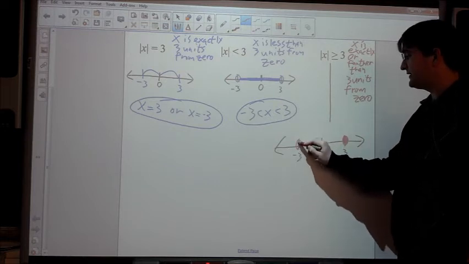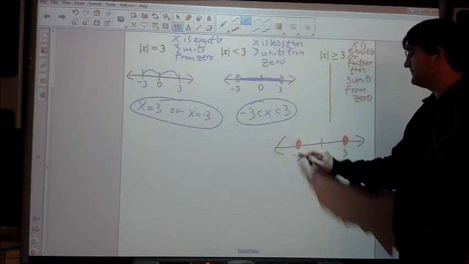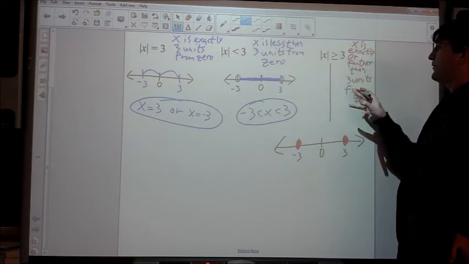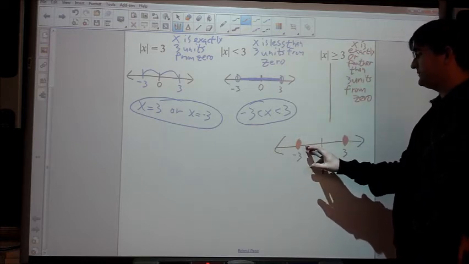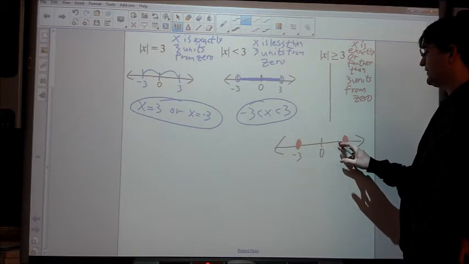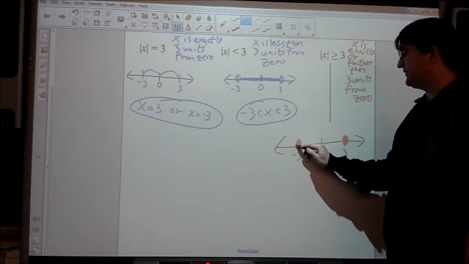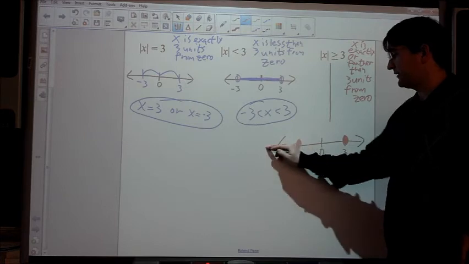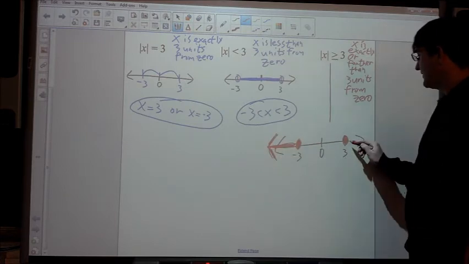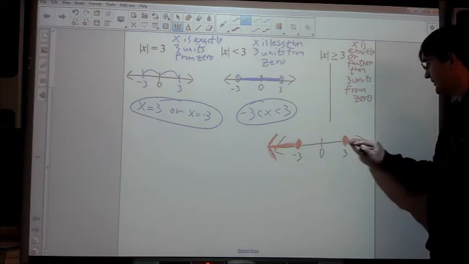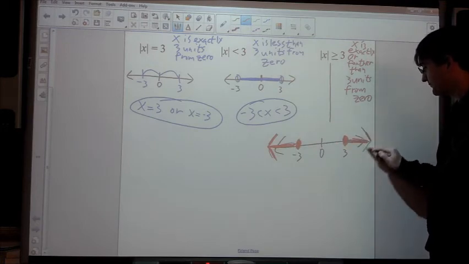Could be at exactly negative 3, that's okay. But it would then otherwise have to be farther than 3 units away. So I can't be at negative 2 or negative 1 or positive 1 or positive 2. I have to be beyond the negative 3, someplace anywhere off to the left here, or beyond the positive 3, someplace anywhere off to the right here.